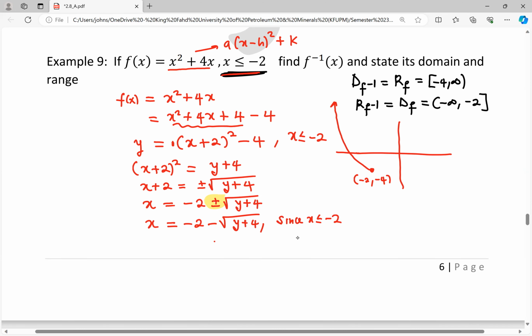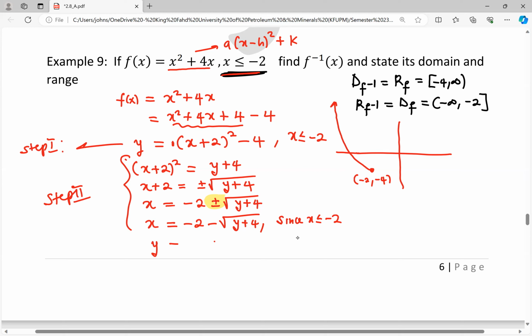So this now, what can we do? We've solved for x in terms of y. The whole of this is step what? This is our step 2. And this is just step 1. So now we do step 3. We interchange.